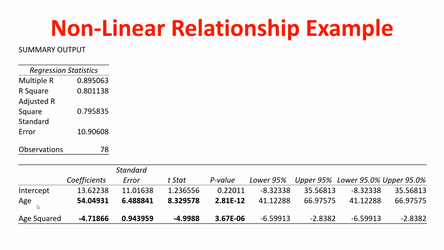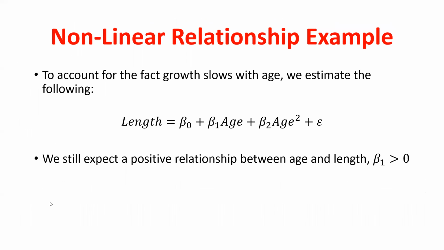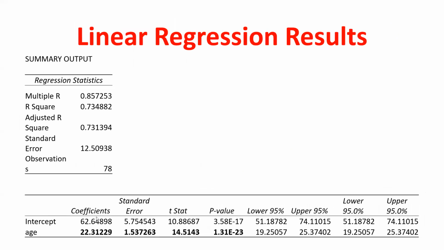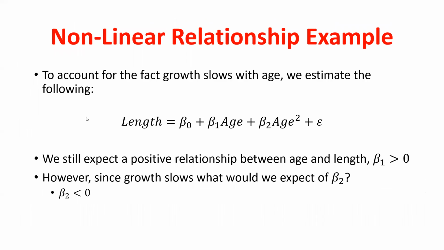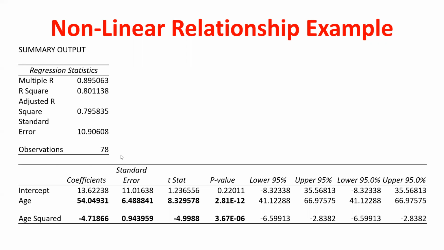Before, when I only allowed this to be a linear relationship, when I only included the age variable and kept it linear, I was only explaining 73%, right? So you can think of this second regression as a little bit better at predicting what the length of that fish will be if we allow that relationship to be nonlinear, not just linear.